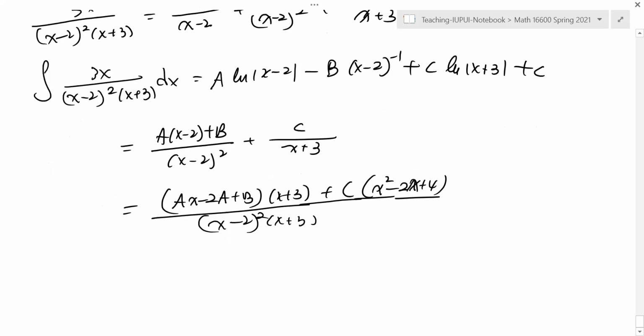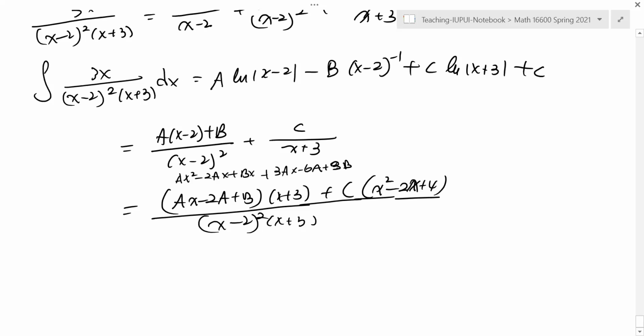Okay, how many terms am I going to get? I get ax² − 2ax + bx + 3ax − 6a + 3b.